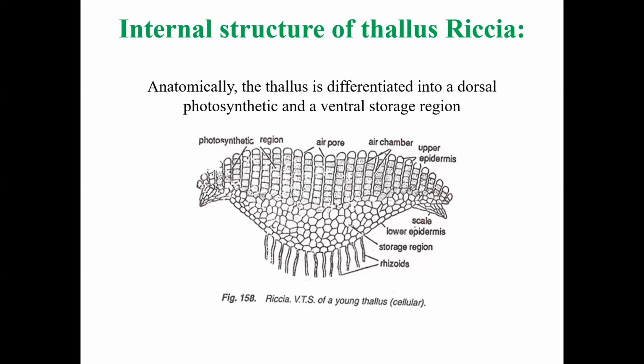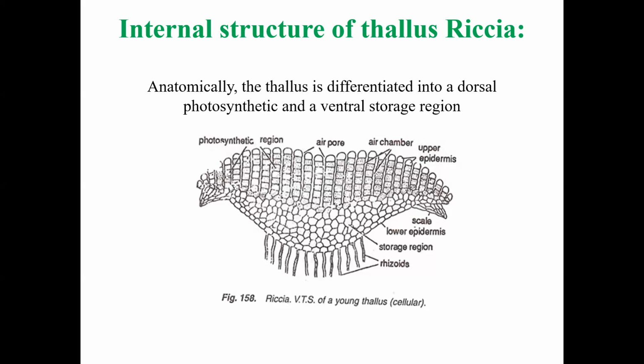The dorsal region of the thallus consists of chlorophyllous cells arranged end to end to form vertical rows. These are regular regions of photosynthesis and assimilate carbohydrate. In between the two vertical rows, an air chamber is present.